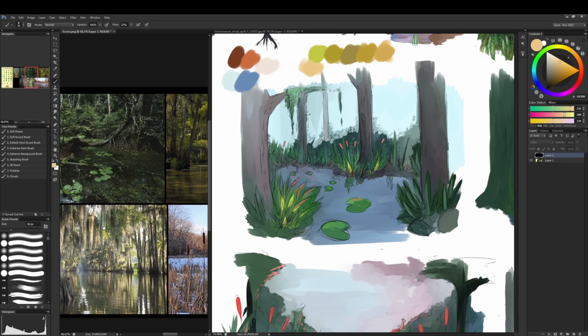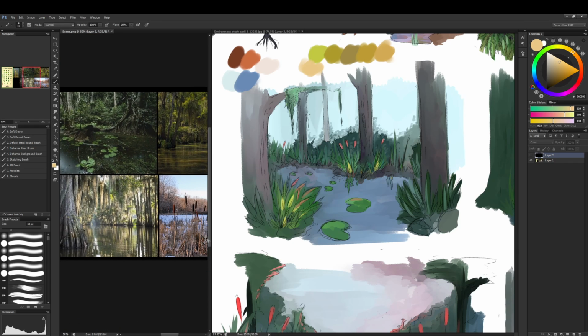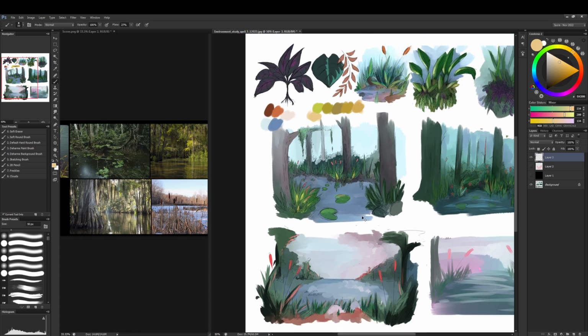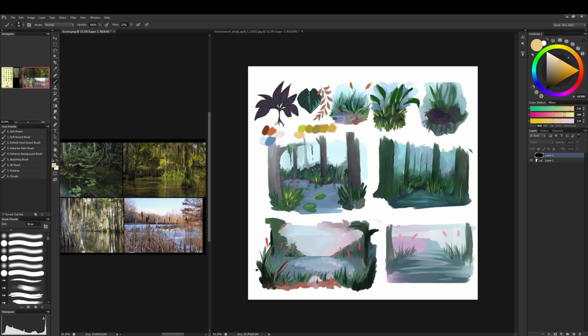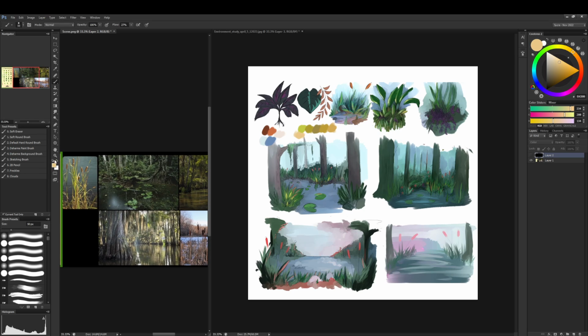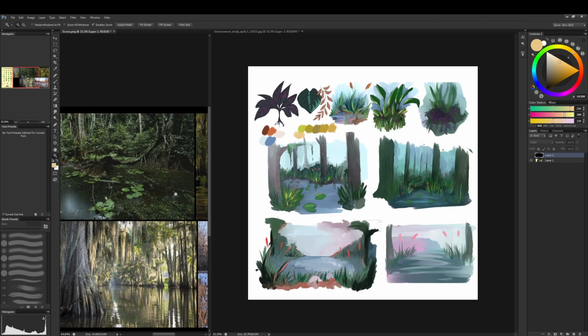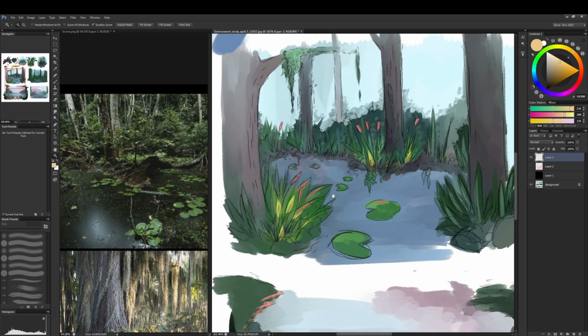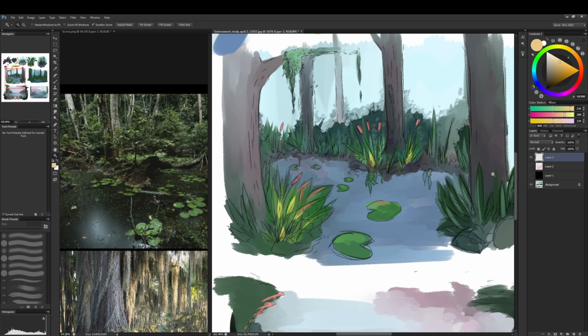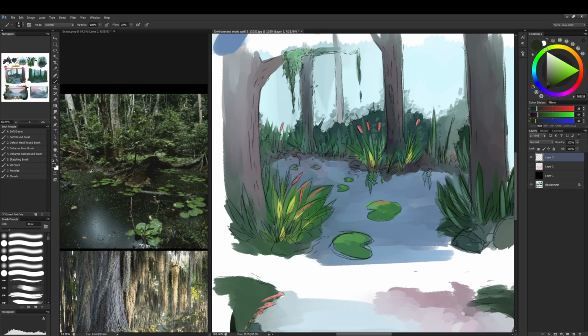Okay, another thing that can be very helpful is, let's say you found an image that was very close to what you had in mind. Like let's say this one was very close to what I intended for this one. One way of breaking yourself out of not knowing what to do is to put them side by side and color pick the same spot in each one. So here, this is kind of similar to this area.